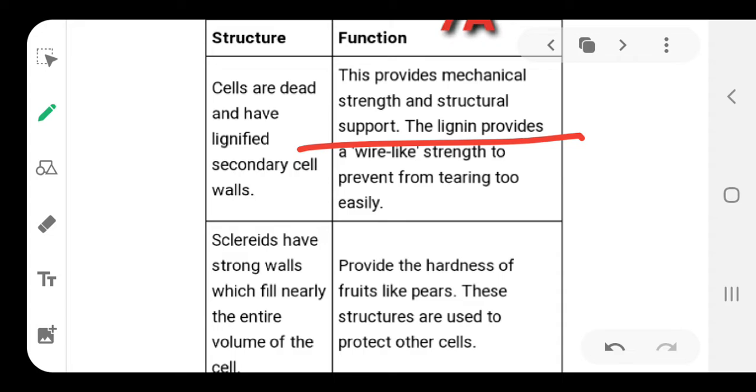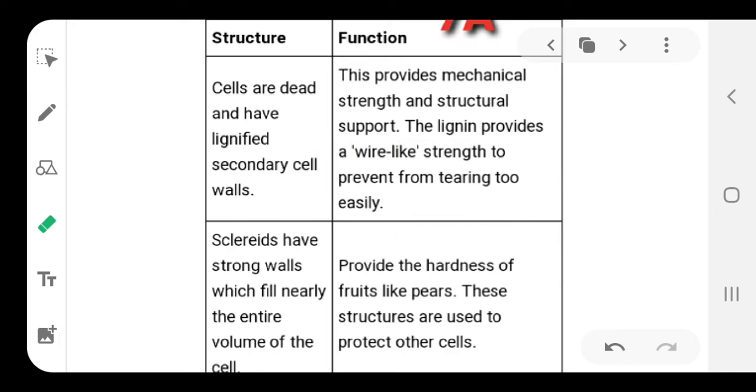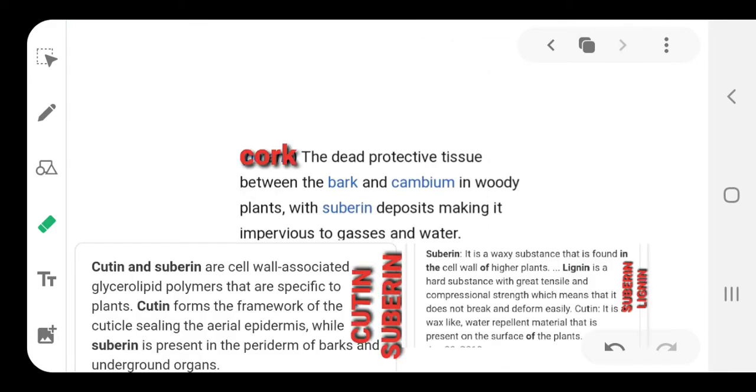So, they act as a preventive measure. And number two, sclereids have strong walls which fill the entire volume of the cell. Why? Because they give hardness to fruits like pears, and these structures are used to protect other cells. So, basically their function is protective in nature. Again, when you pause the video and read the data, please write it down in your respective notes.